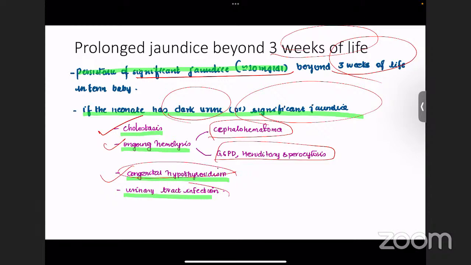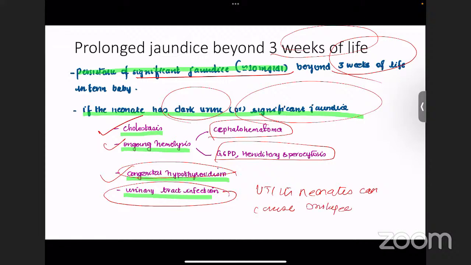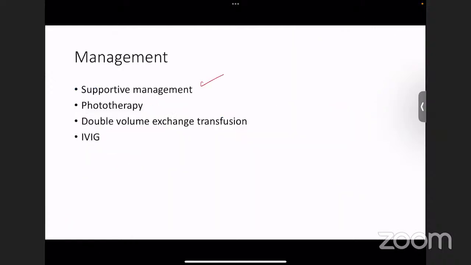And more importantly, which is less likely seen in neonates and which we don't give that much care, is UTI. UTI in neonates can cause prolonged jaundice. So these are the four etiologies you have to rule out in any prolonged jaundice beyond 3 weeks of life.